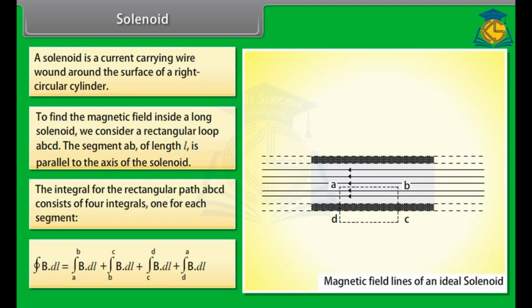Closed integral of B dot dl is equal to integration from a to b of B dot dl plus integration from b to c of B dot dl plus integration from c to d of B dot dl plus integration from d to a of B dot dl.